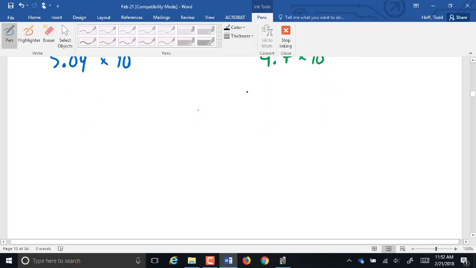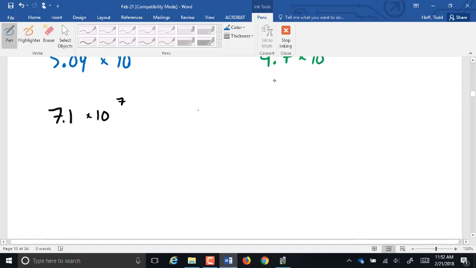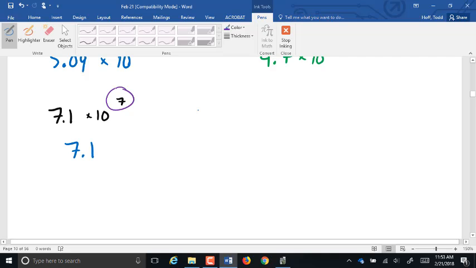And of course, we can go the other direction. If I have 7.1 times 10 to the 7th, I'm going to take that 7.1 and move my decimal point. Now this is 10 to the positive 7th. So since that's positive, this number is going to be a large number. So we move our decimal point over to make it larger. We go one place, but it's a power of 7.